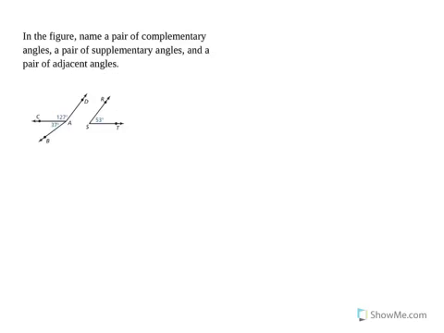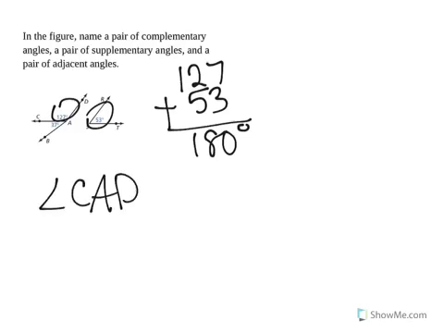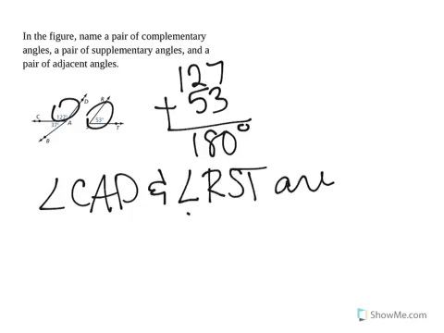If I look at 127 and 53, if I add them together, I get 180. So since I know that those two add together to equal 180, they must be supplementary. Okay, so angle CAD and angle RST are supplementary.